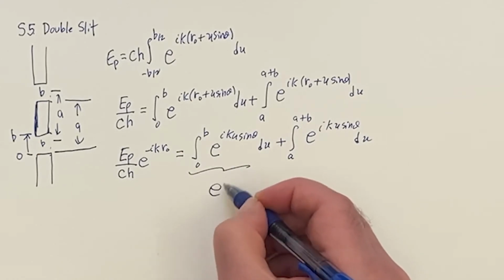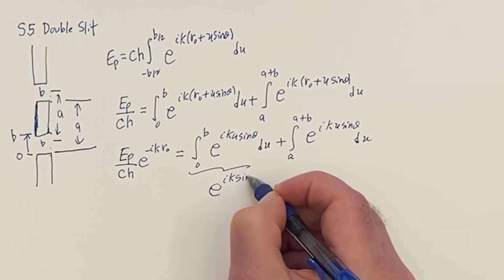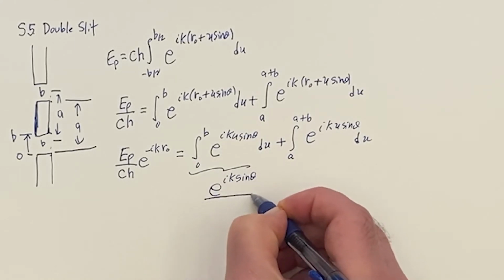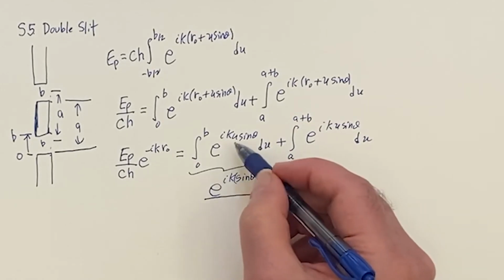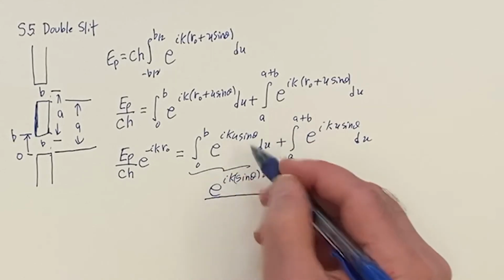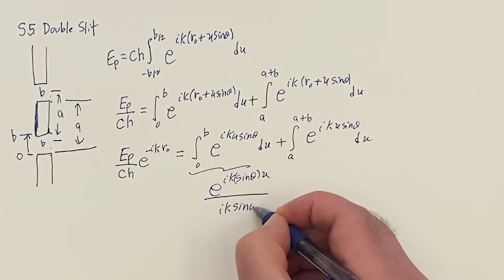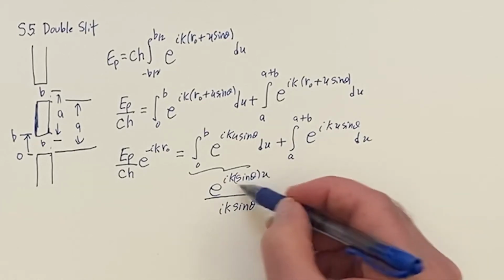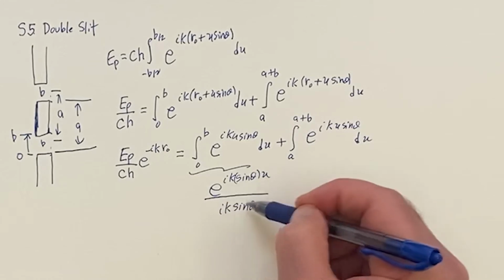This one's going to be e to the i k, now we'll have a u here. I'm going to put the u on the far right. So this integral, we have the same thing, and then down here is i k sine theta, like we did before. So we take the derivative of this thing, you get the same thing back, and the i k sine theta pops down, cancels.